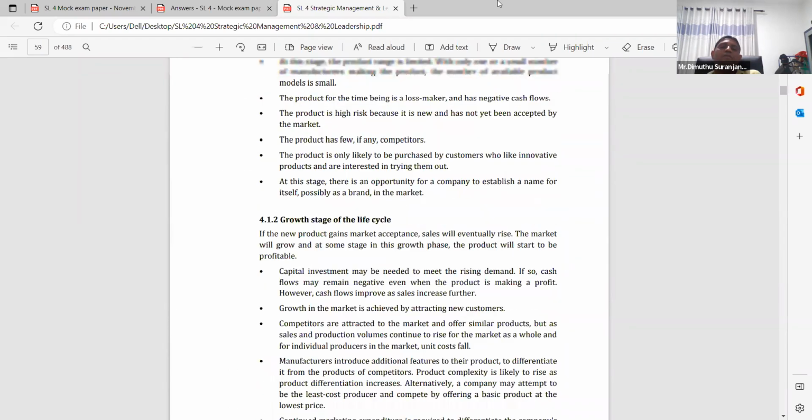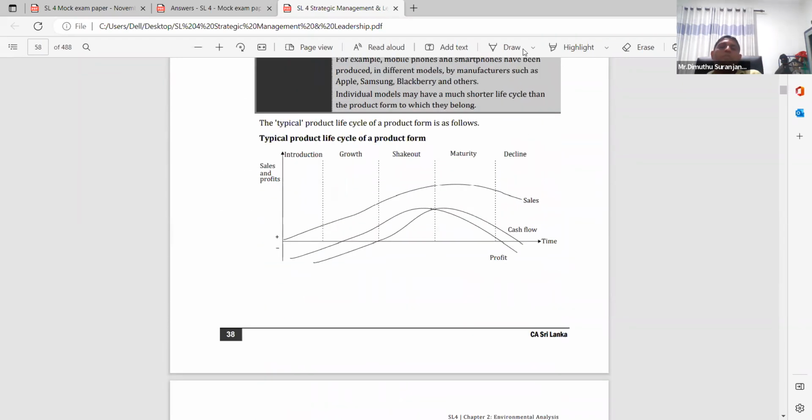Right. If you want, you can identify a 5th one also. They look like this. Here you can find the 5th one.